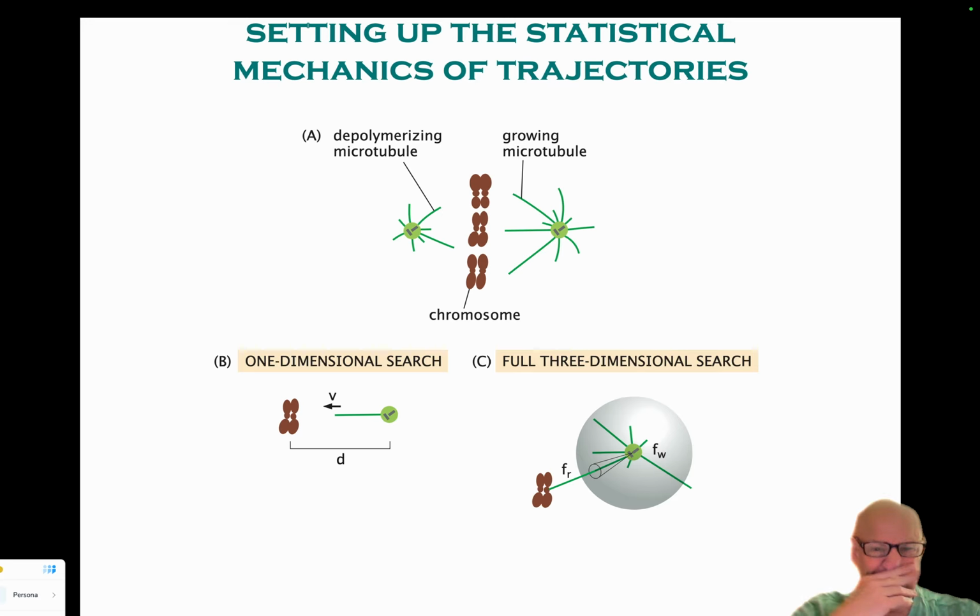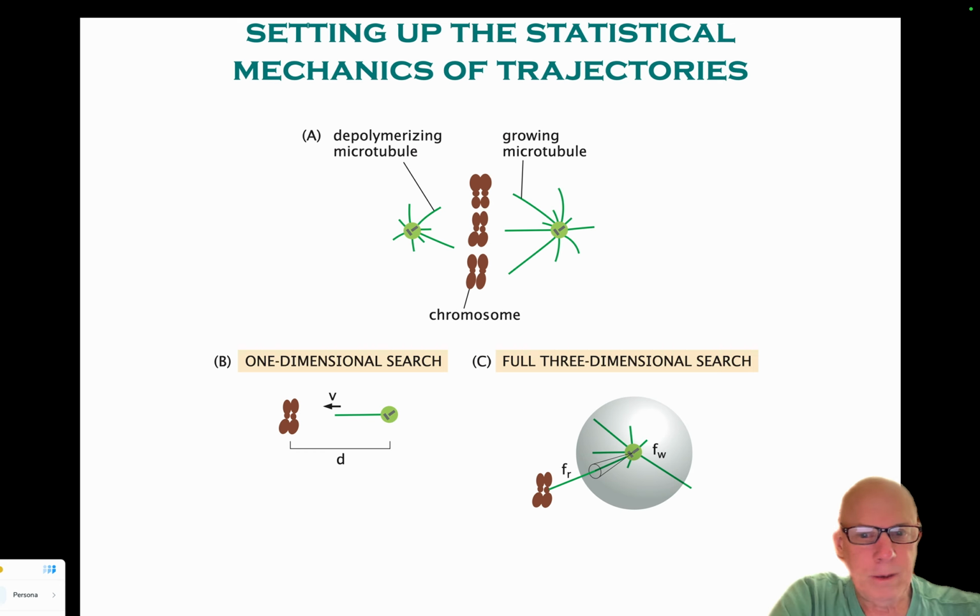So what I'm going to do now is relatively qualitative, and what I mean by that is I'm going to show you how, using the mathematics of the geometric distribution, which we did last time, we can set up a toy model of the search and capture process for chromosomes. I basically have two different versions of a model.